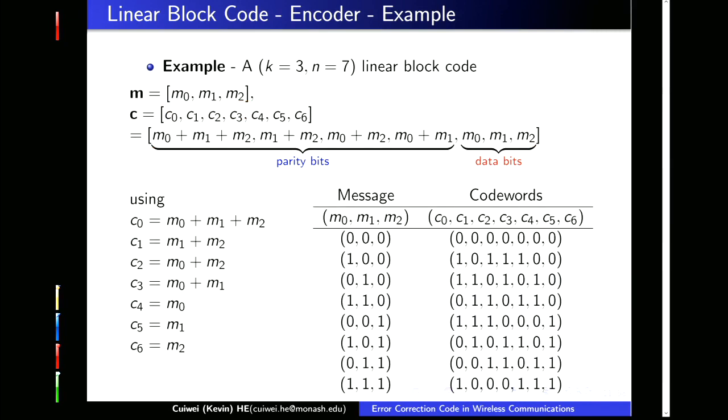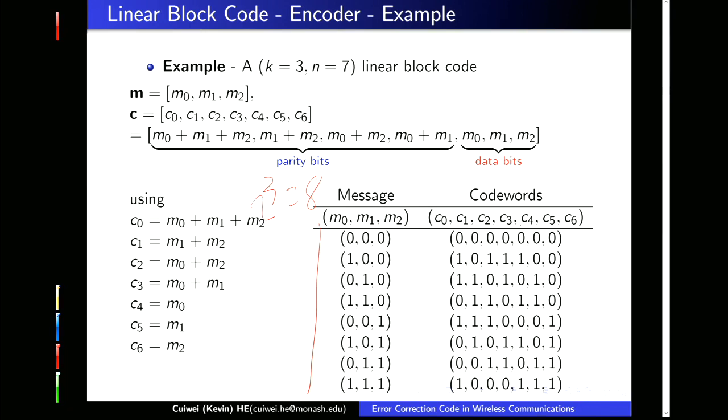Here's the table of all the possible combinations of the message sequence and the corresponding code words. Because we have 3 bits in the message sequence, 2 to the power 3, we have 8 combinations, all listed here from 000 to 111. These are the corresponding code words.